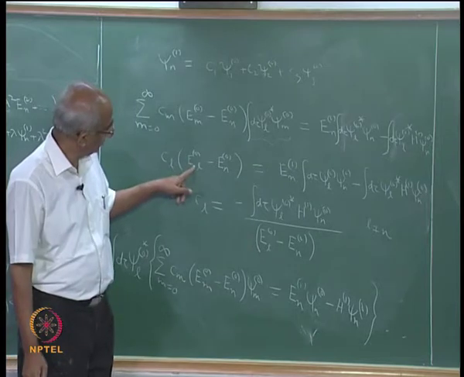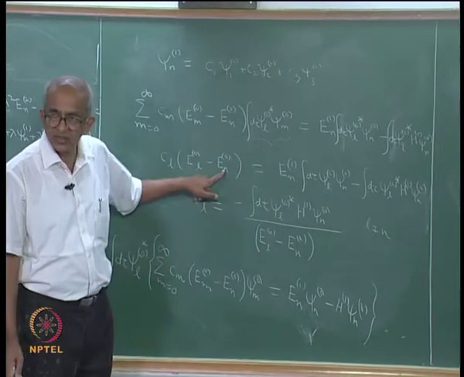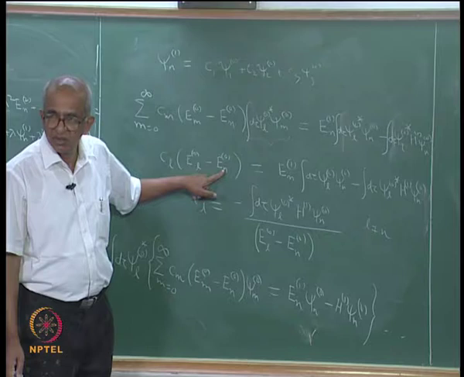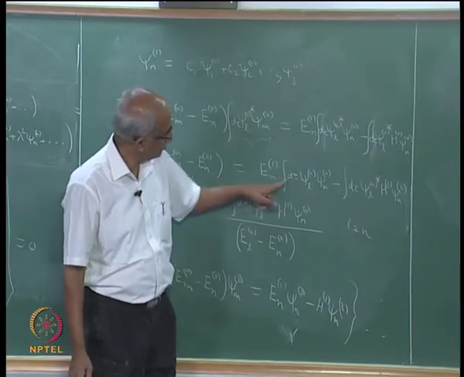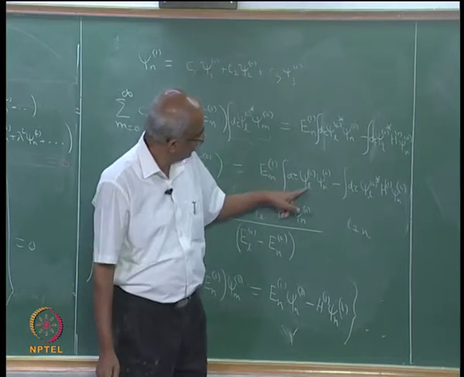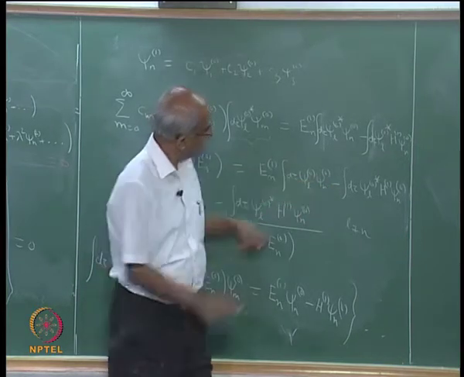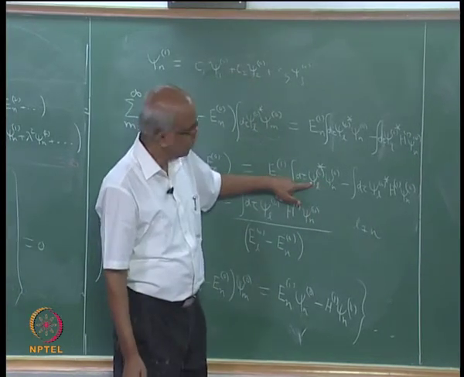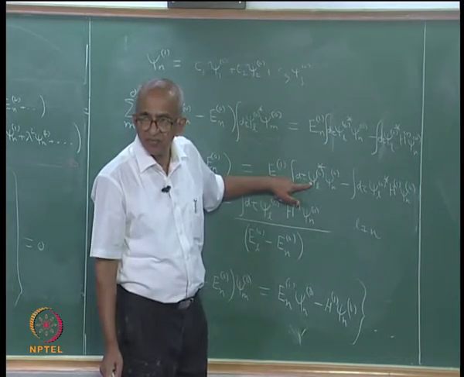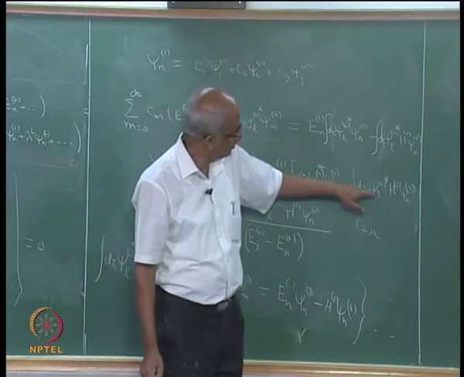then what will happen? This term actually vanishes, right. And what about the right hand side? If you put L equal to n, you will have psi N0 star here. So, this will be 1, and what about this one?